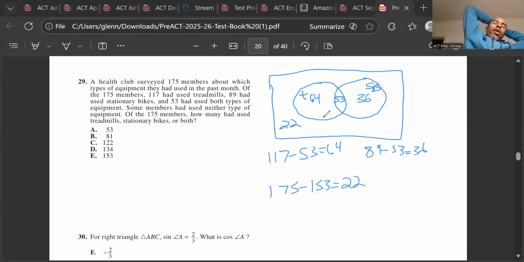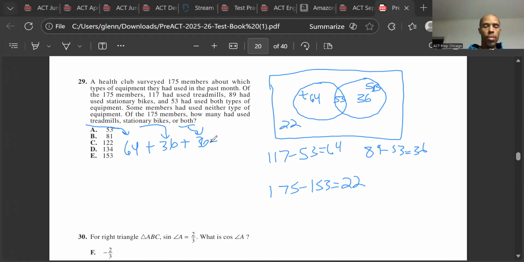So now let's ask the other question. How many use treadmill, stationary bikes, or both? That's 64 alone for treadmills, plus your stationary bikes alone, which would be 36, and then the people who use both, which is the 53.